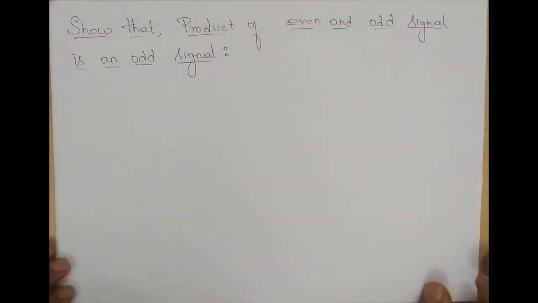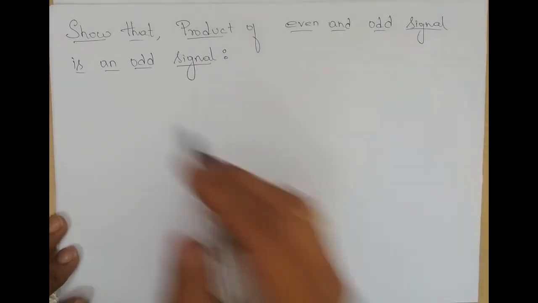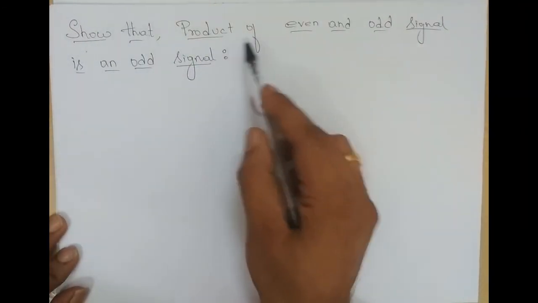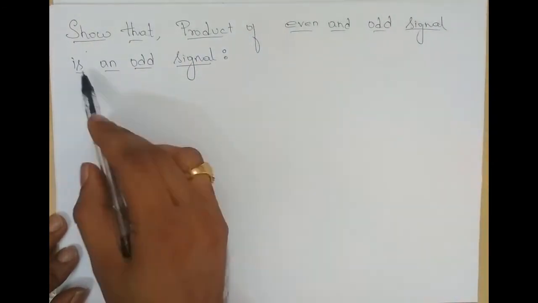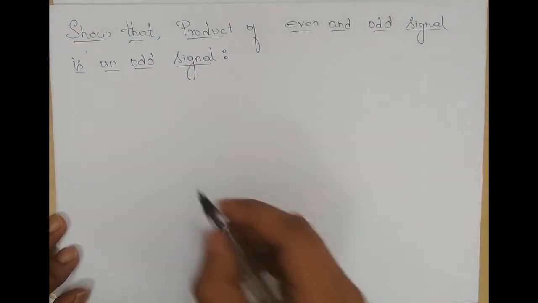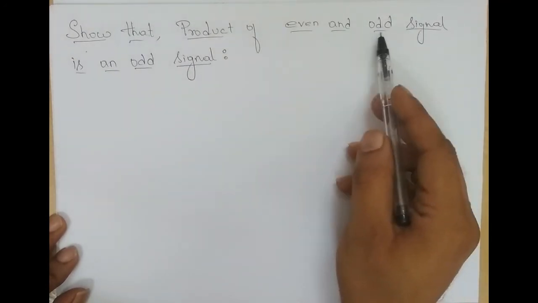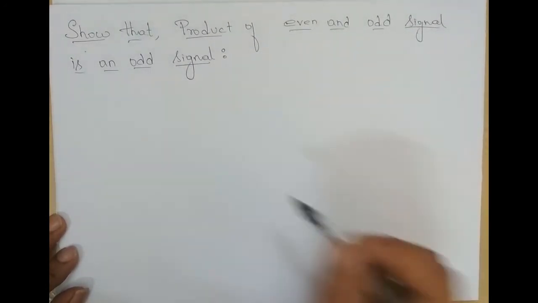Now we shall try to prove a few standard results on even and odd signals. So first thing is, show that the product of an even and an odd signal is an odd signal. So I have to show that when I multiply an even and an odd signal, it will result in an odd signal.